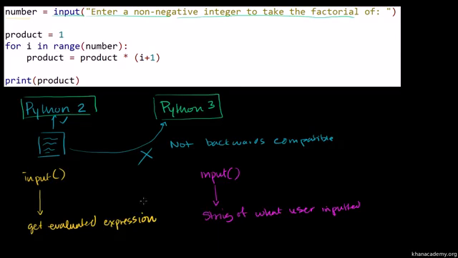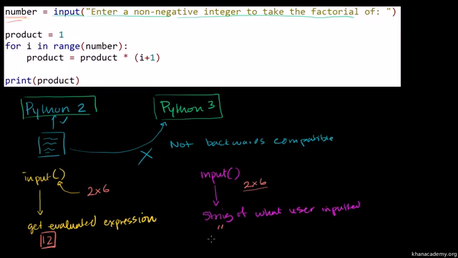So to maybe make the difference, if the user inputs right over here, so this is coming from the user. If the user inputs in the Python 2 version 2 times 6, then what will be stored in the variable number will be the 2 times the 6. So it will be 12. It'll actually be evaluated. In Python 3, if we just did this, and the user inputted 2 times 6, then what's stored in the variable number, what's returned from this function right over here, is not going to be 2 times 6 evaluated.